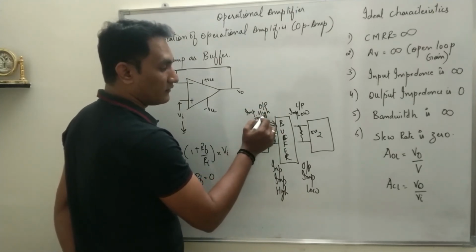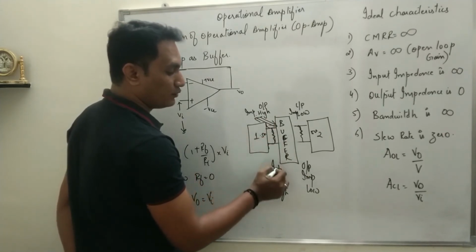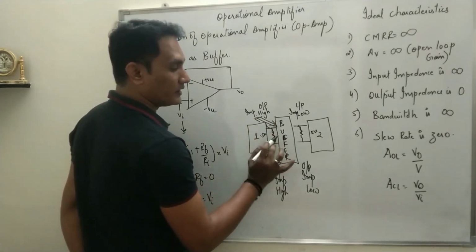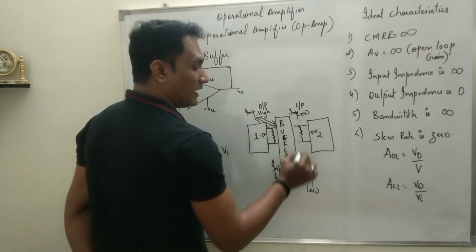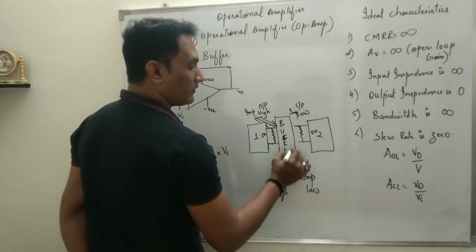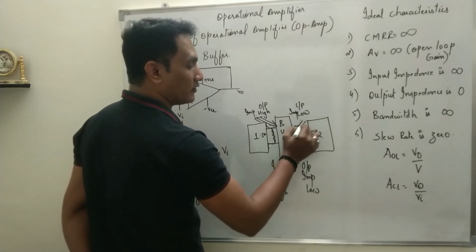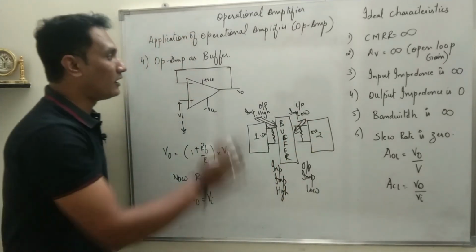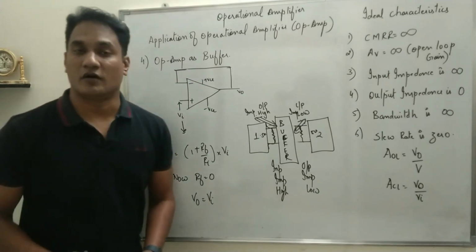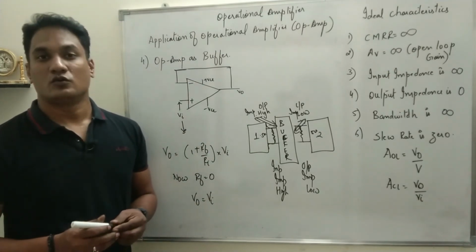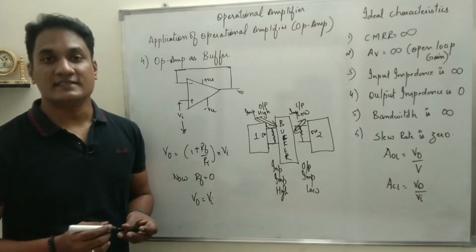The output impedance of the first circuit and the input impedance of op-amp are both high, so impedance is matched. Similarly, output impedance is low for a buffer, and input impedance of circuit 2 is low, so here also the impedance matches. So basically op-amp as buffer, or the buffer circuit, is used for impedance matching.